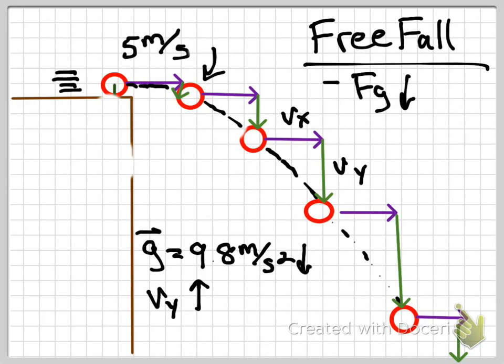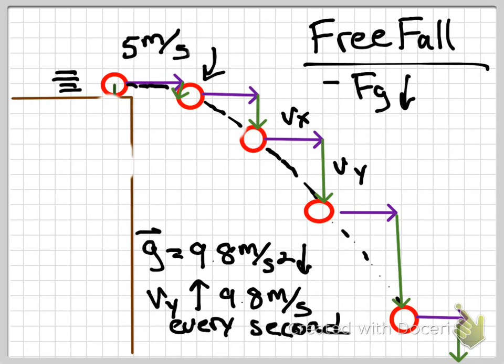It's pointing down, but it increases in speed by 9.8 meters per second every second. So every second your projectile is in the air, it's either slowing down if it were moving upwards, or if it's moving downwards, every second it's going to speed up by 9.8 meters per second.